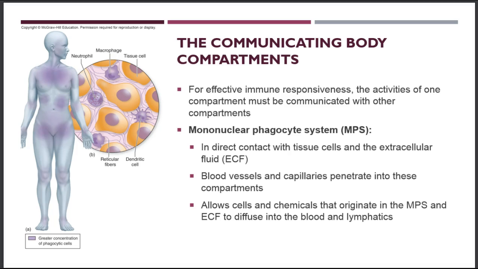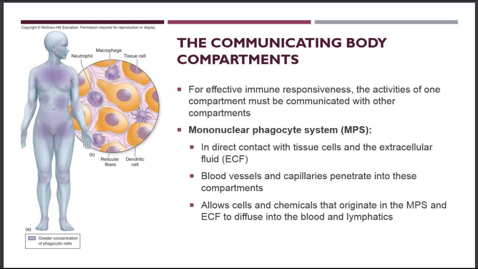There are a number of compartments the text calls them, organs that are involved in the immune system that communicate between those structures. This is known as the mononuclear phagocyte system. This system of fibers and fluids are in direct contact with tissue cells as well as extracellular fluid.